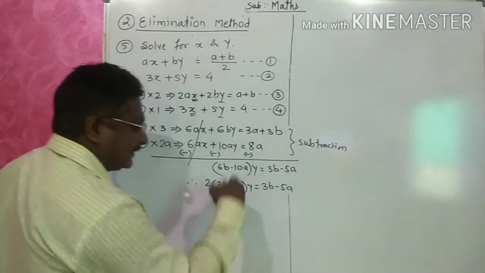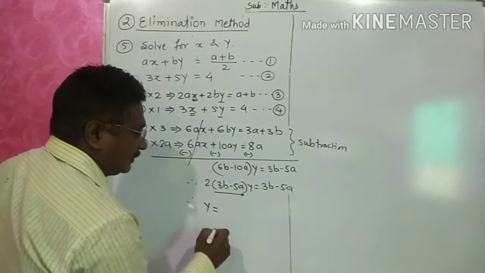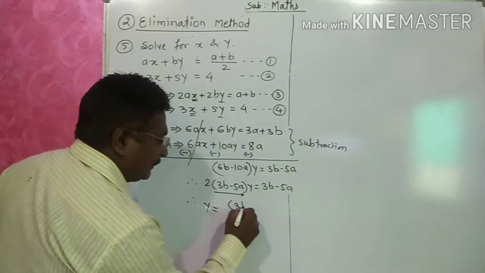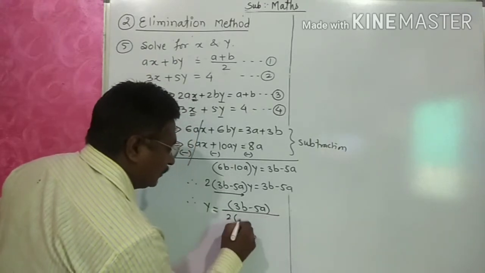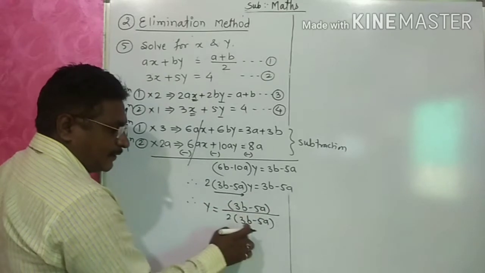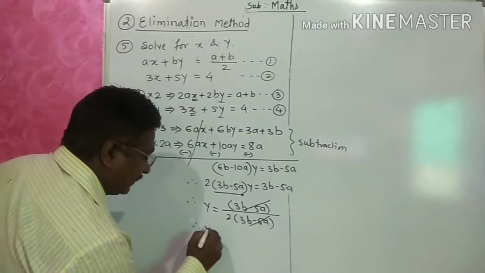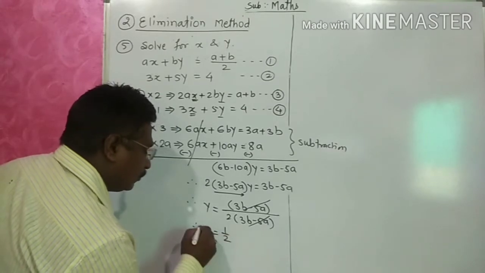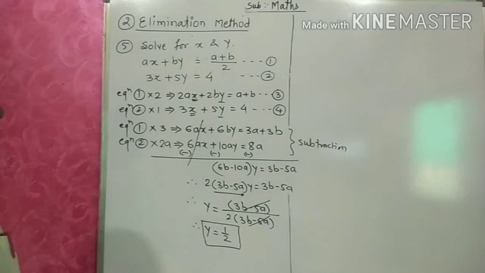Now this bracket has to be transferred to the other side. So y equals (3b minus 5a) by 2 into (3b minus 5a). The bracket cancels, so y equals 1 by 2. Got the value of y?